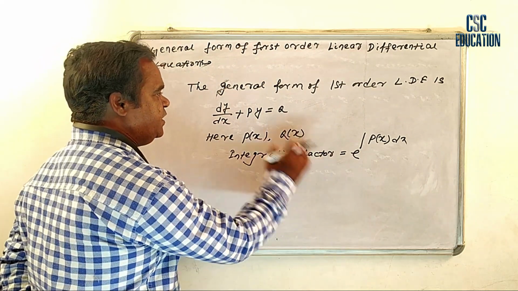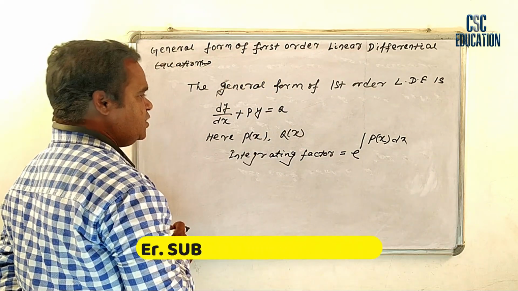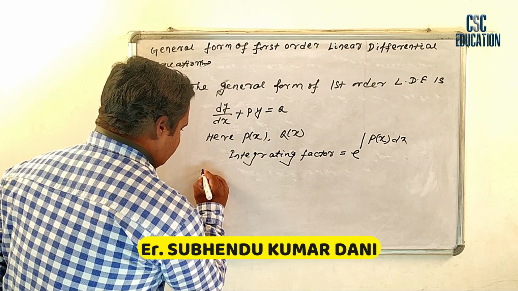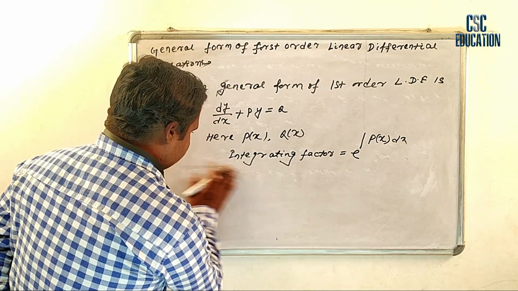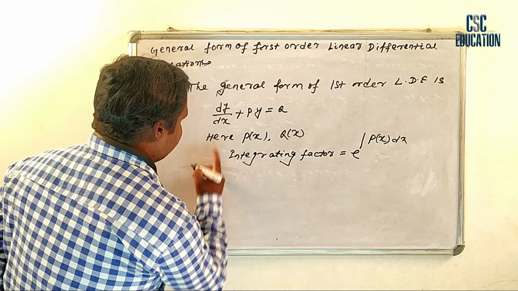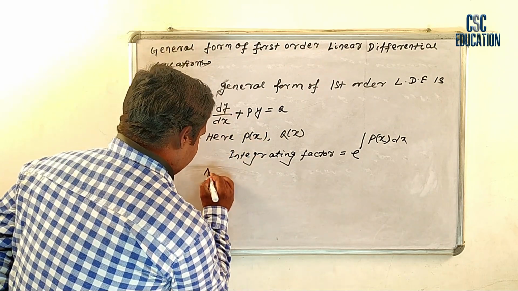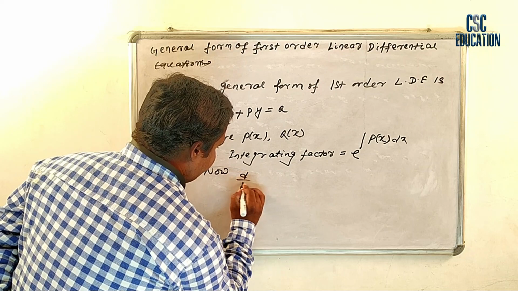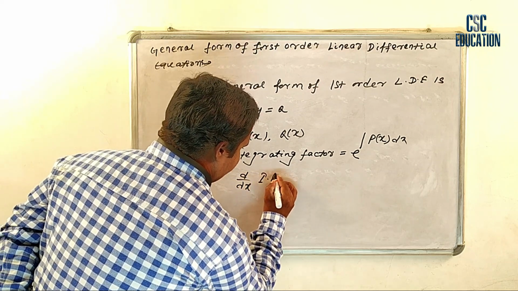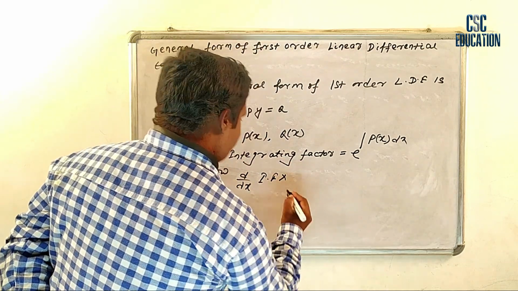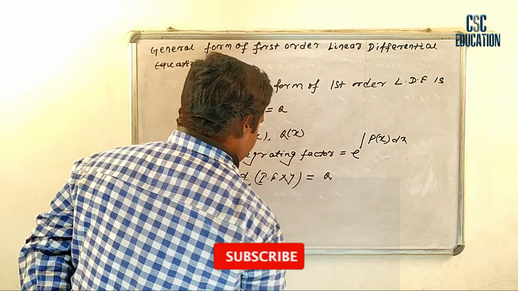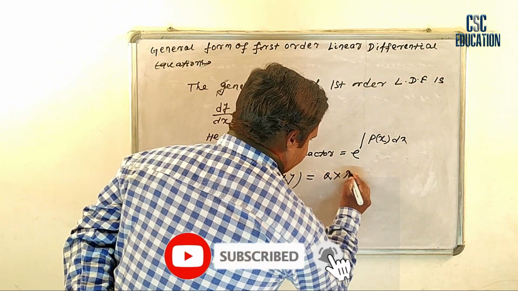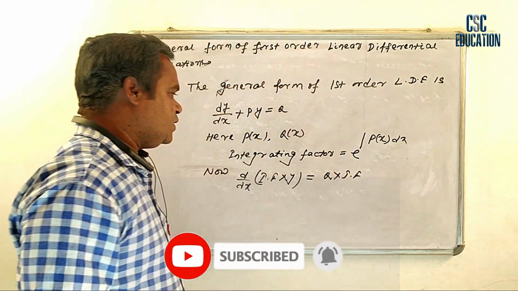Now multiplying the integrating factor in this equation, so now d by dx of the integrating factor multiplied by y equals q into the integrating factor. Okay, alright.